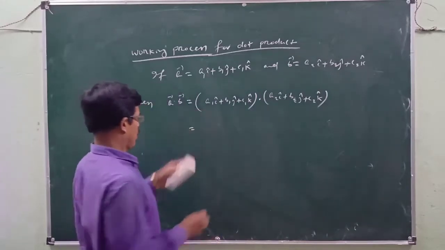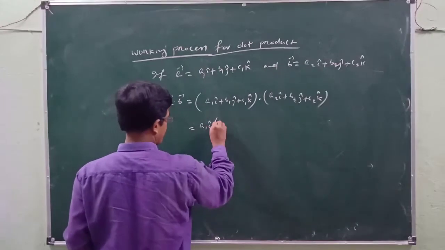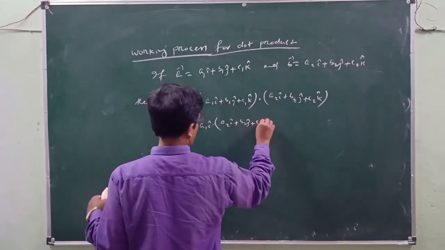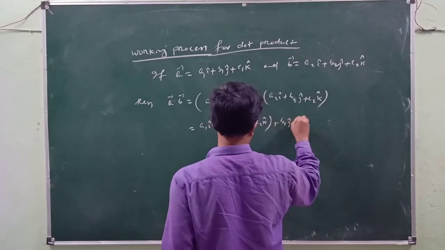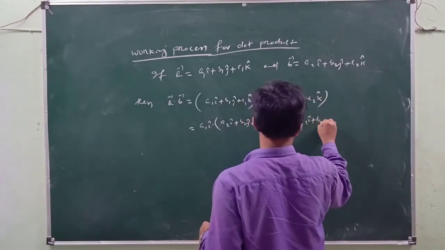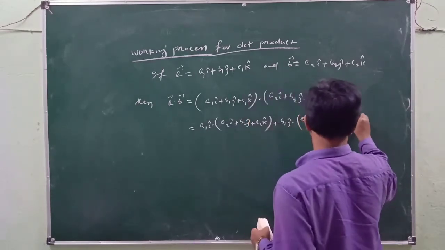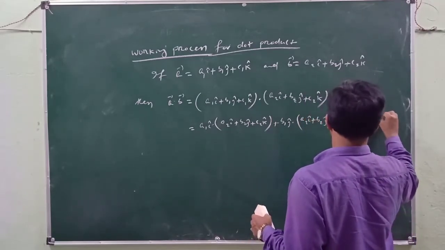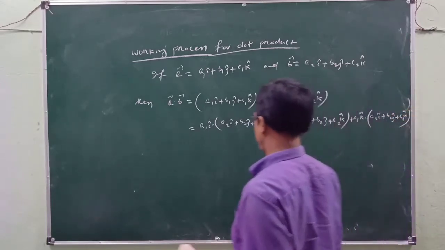Look, here it will be A1 I cap dot A2 I cap plus B2 J cap plus C2 K cap, then plus B1 J cap dot A2 I cap plus B2 J cap plus C2 K cap, plus C1 K cap dot A2 I cap plus B2 J cap plus C2 K cap.